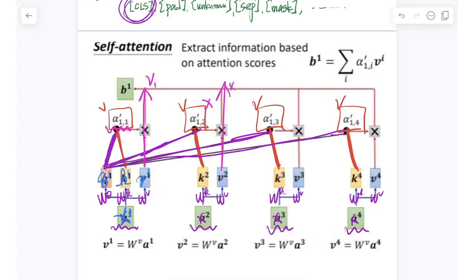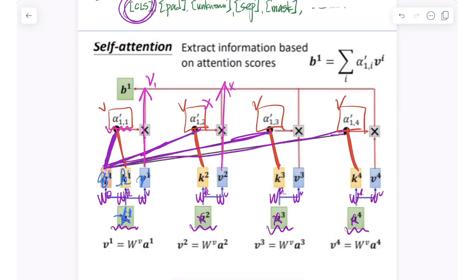So basically, alpha is something like a gate. It will try to activate V1, V2, V3, and V4 correspondingly by using Q1, K1, Q1, K2, Q1, K3, and Q1, K4.